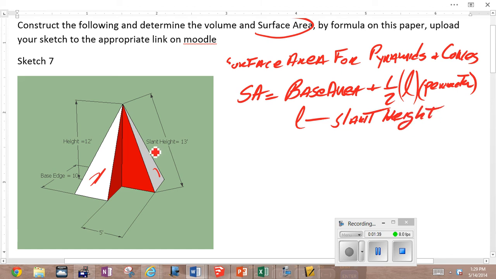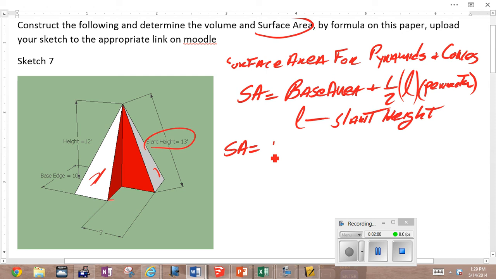So here's the slant height right here. It's the one face of that pyramid. So the surface area would be the base area. We're going to assume this is a full pyramid, that we don't have that cutaway there. We could come back and work on that, but let's work as if it's a full pyramid.